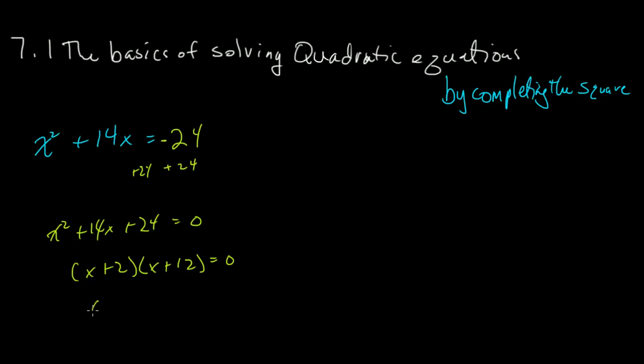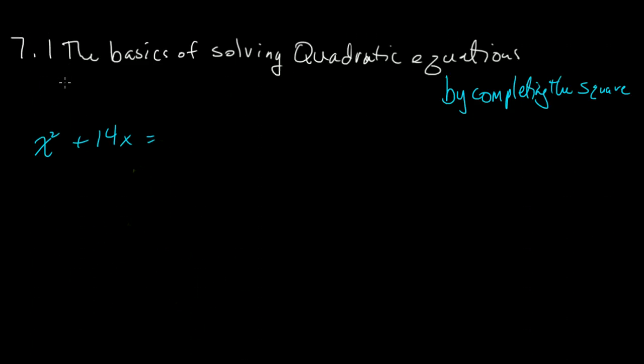And so I would know that x is either negative 2 or x is equal to negative 12. This is assuming that we're pretty good at factoring and fairly comfortable with the zero product principle.